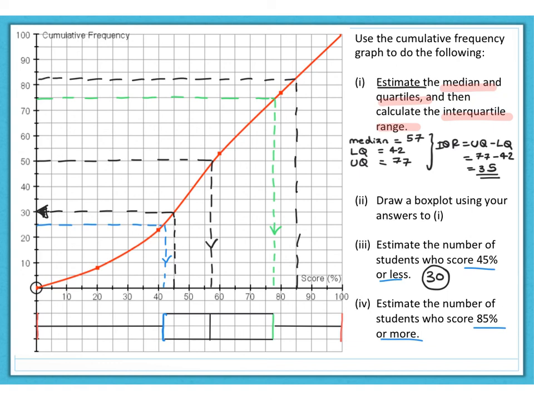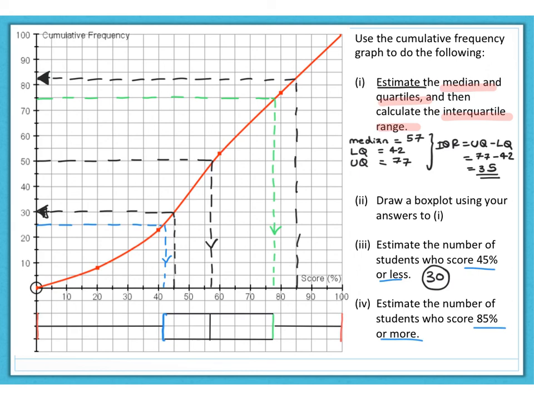I'm going to go across horizontally like that, which takes me to a value of about 82, maybe 83 students. Now, that's 83 students who scored less than 85%.